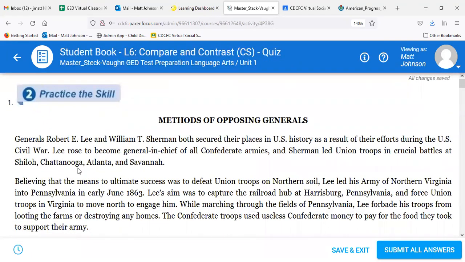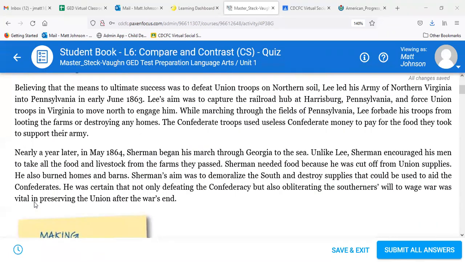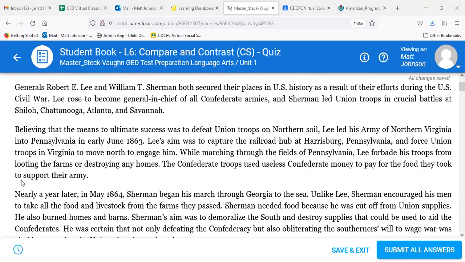All right, and again, same passage, talking about opposing generals, Lee's style as opposed to Sherman's. A lot of apologists like to talk about General Lee being this noble, he didn't do this during the war and this and that. And at the end of the day, it doesn't matter because he was fighting against the United States.